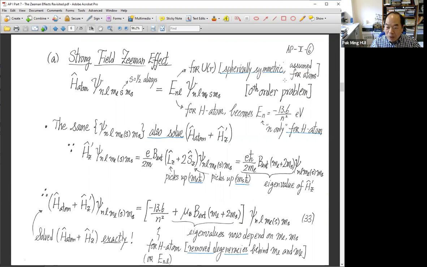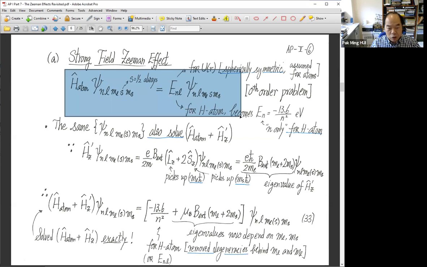Let's look at what we know. If we ignore both terms, this is our solution. That's what you learned last term about the hydrogen atom or any central force problem. So we have this solution, spherically symmetrical. We have this Y_lm(theta, phi) that gives us 2 quantum numbers, the orbital angular momentum and its z component. Then we have this Pauli spin, the so-called 4th quantum number, plus or minus half, m_s.